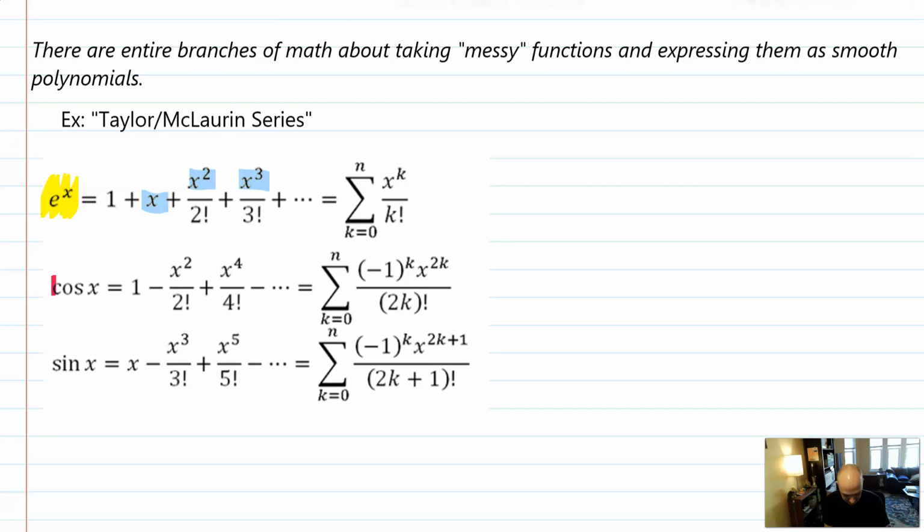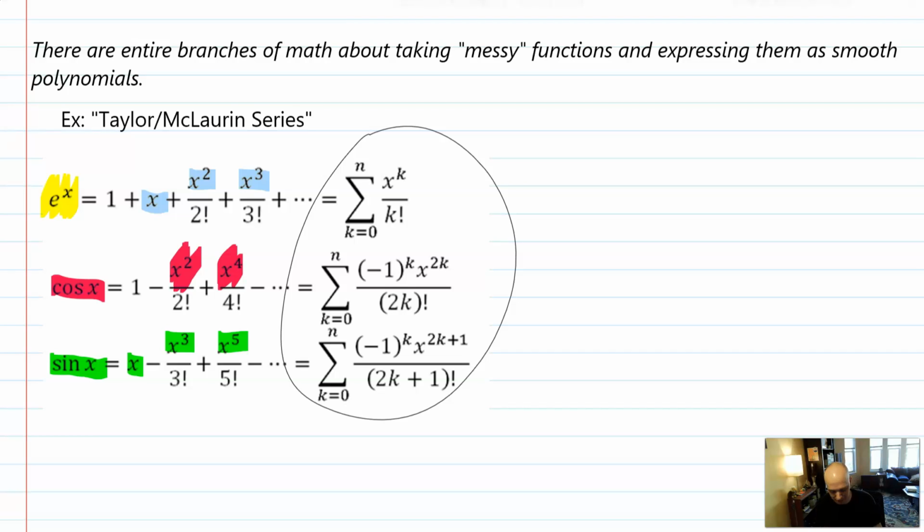And you can do the same for cosine. You can express cosine as some even powers of x added together along with factorials, and you can express sine as some odd powers of x added together along with some factorials. We certainly don't need this for this class, although we will at some point learn about this function or sigma notation. But you will definitely use this stuff in Calc, probably BC.